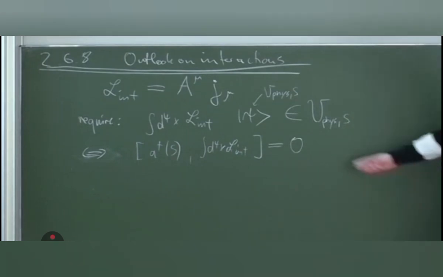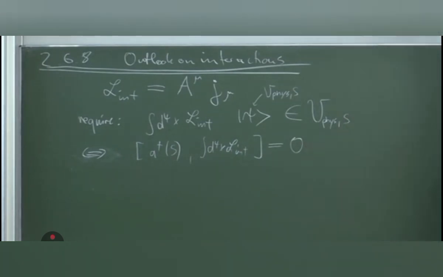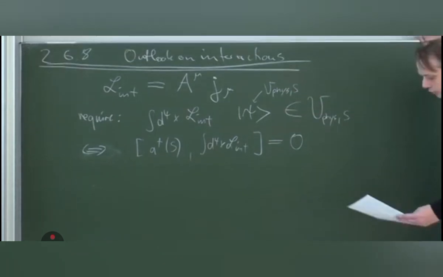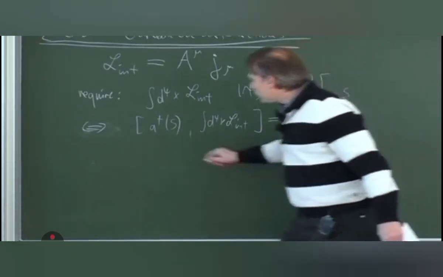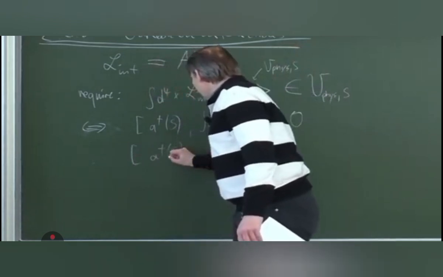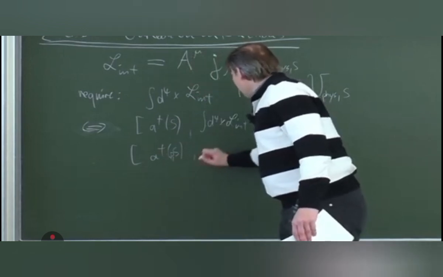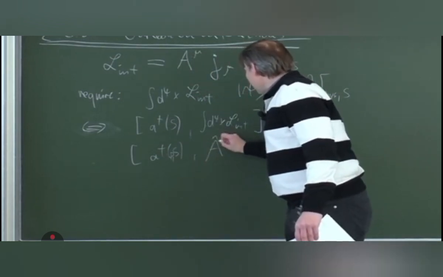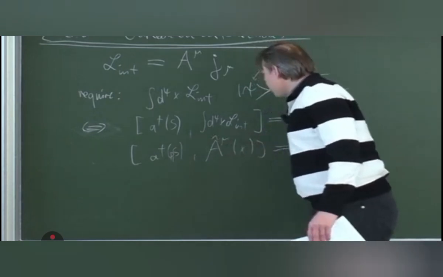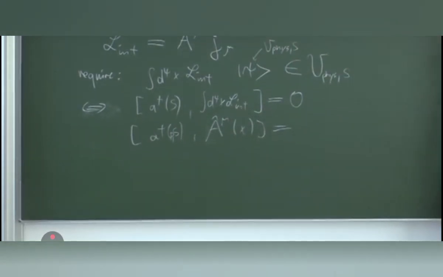So that is really the technical requirement that you need to impose if you want to have consistent interactions on our space of equivalence classes. And now we need to evaluate the commutator of A_S, let's say concretely A_S with, first of all, our field operator A_mu(x). And what is the result of that commutator?